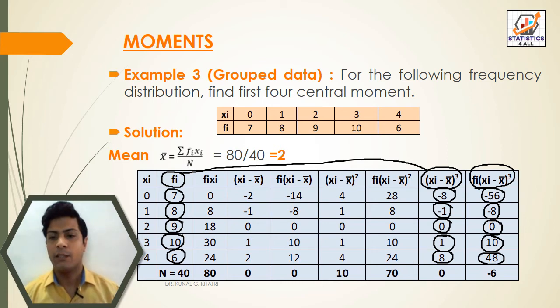Now we'll take the sum of fi into (xi minus x bar) whole cube. We get the value minus 6.